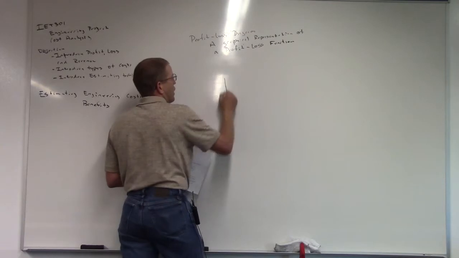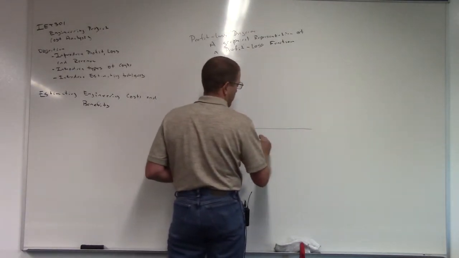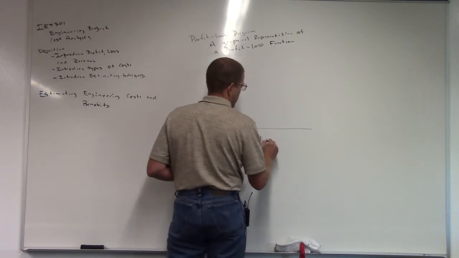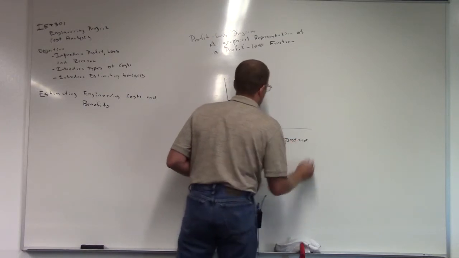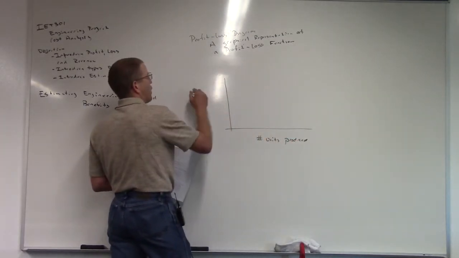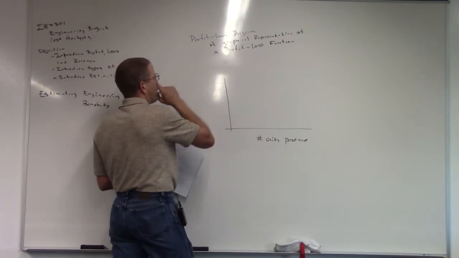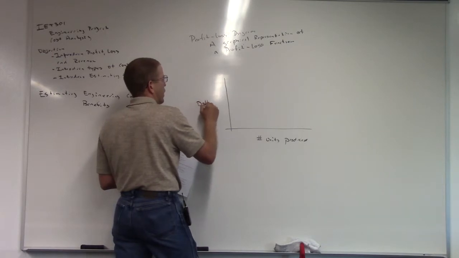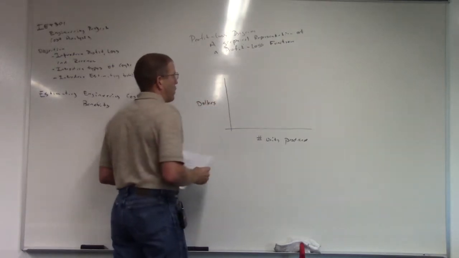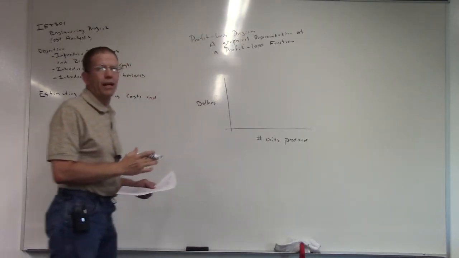What you'll see is that in each case, you will have the horizontal axis representing the number of units produced. We will have the vertical axis representing the money, the cost or revenue generated. So this is defined in dollars. And what we will then have is two functions represented on this graph.